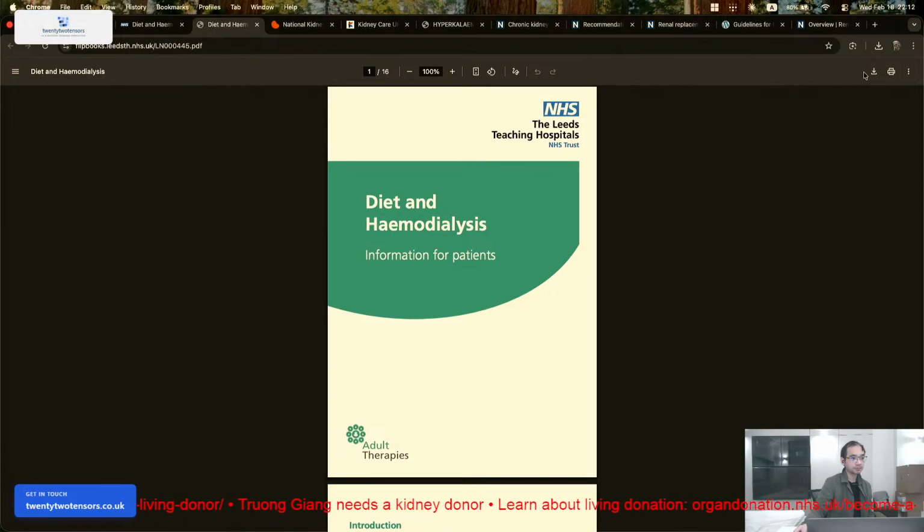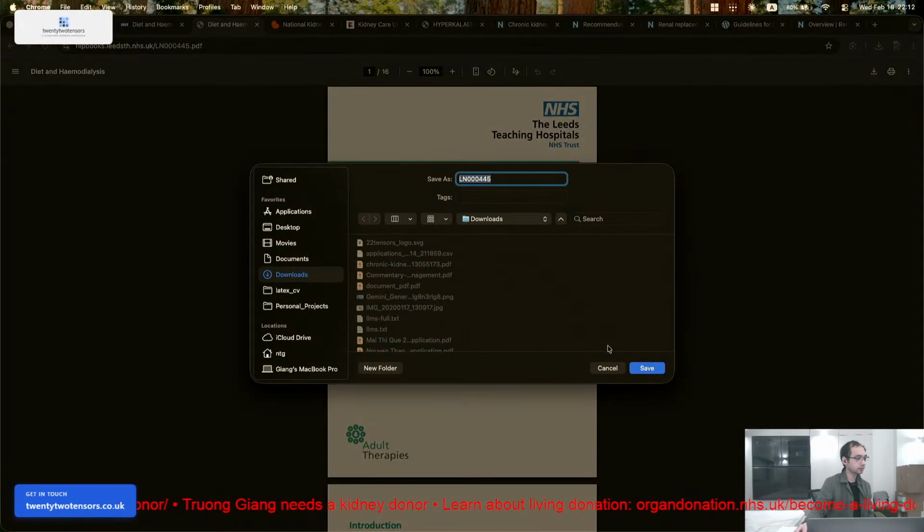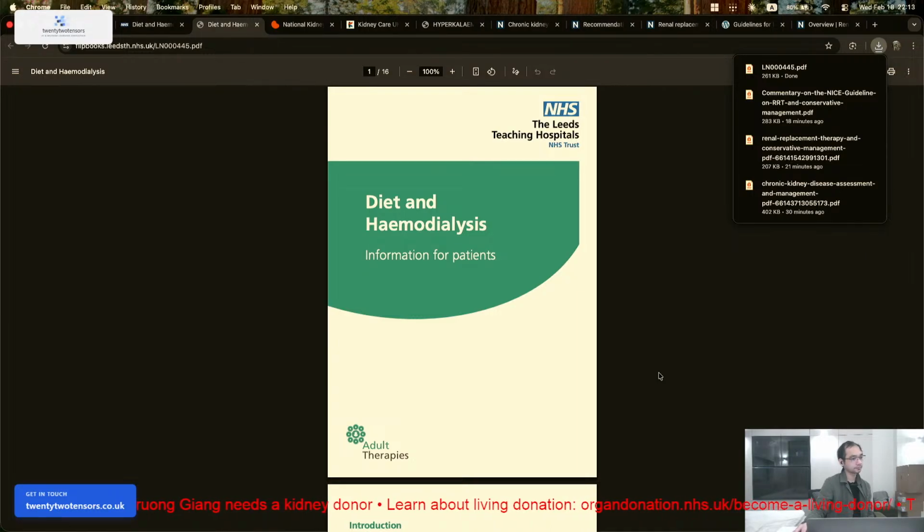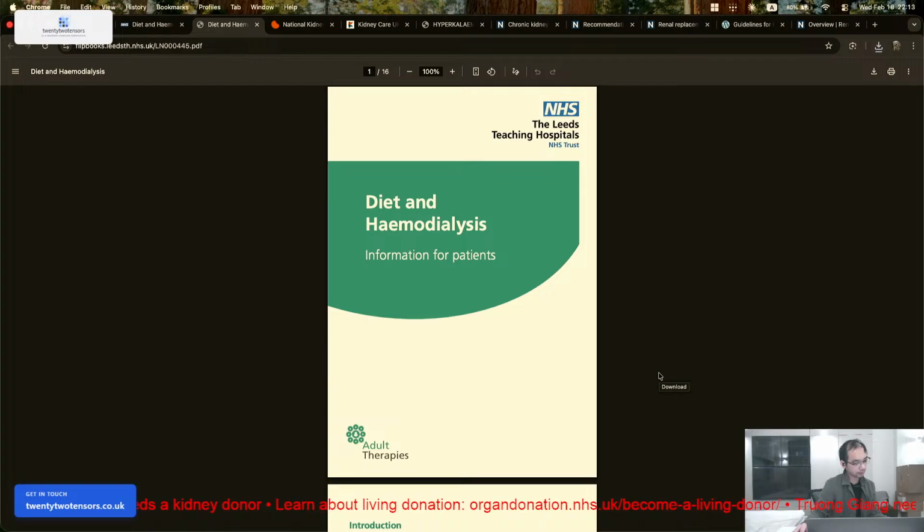And high potassium is also bad because, from what I know, it will cause a lot of heart complications. High potassium will make your chest hurt.